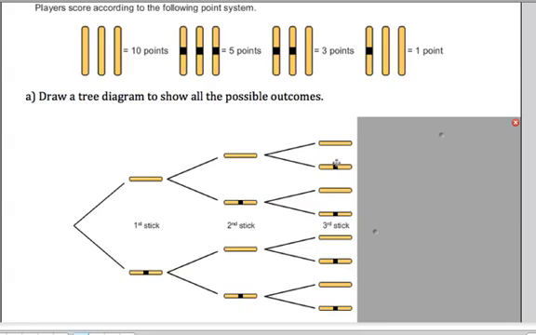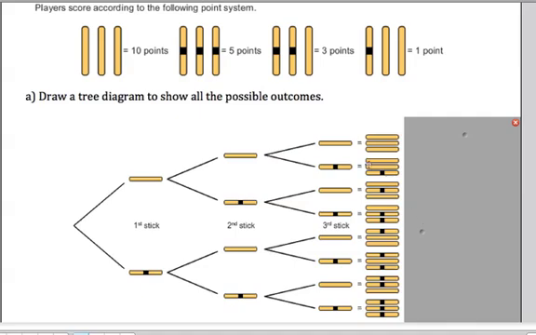So there's 8 different possible outcomes, but then when you total it up, there is 1 possibility of getting no stripes, 1 possibility of getting 3 stripes. So I'll total this over here.